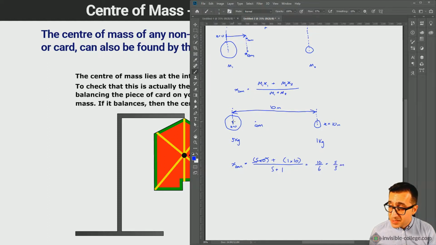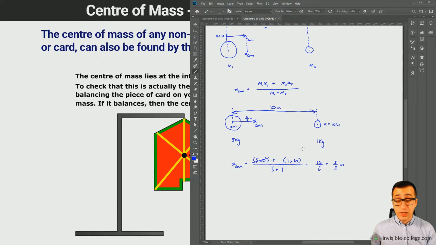So the position of the center of mass of this whole system is 5 over 3 meters away from the position of the center of mass of this larger object. We could have defined our coordinates such that this position was 0, and we would simply have gotten the position of the center of mass as this distance here.